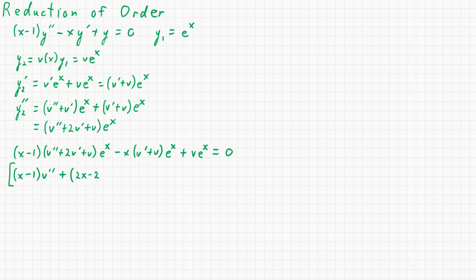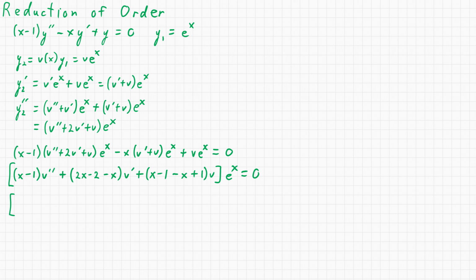Then I also have a minus x v prime. And I think that's all the v prime terms. Then plus, these should cancel out as usual, so I have an x minus 1 times v, so x minus 1. I have a negative x times v, so minus x. Then I have a plus 1 times v, so plus 1 v, all times e to the x, should equal 0.